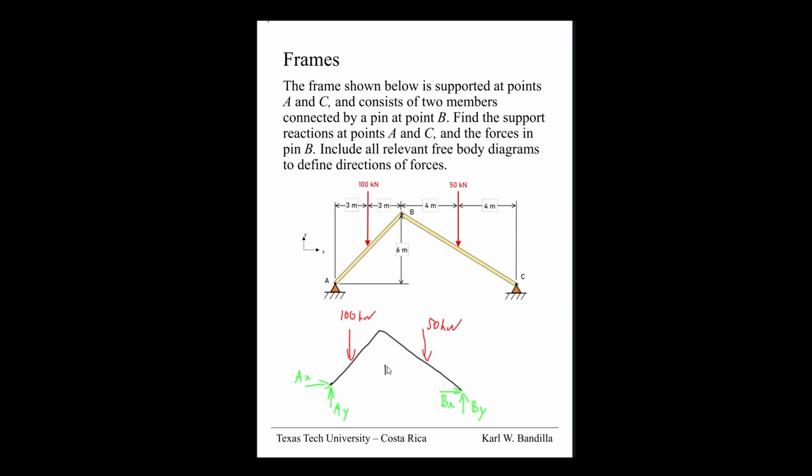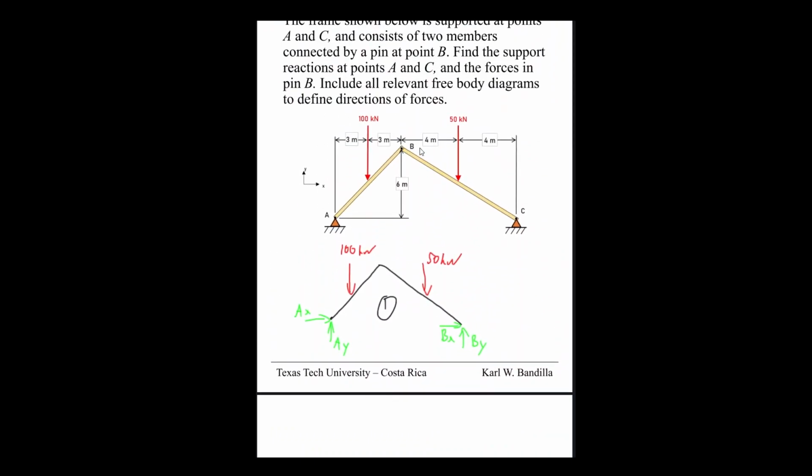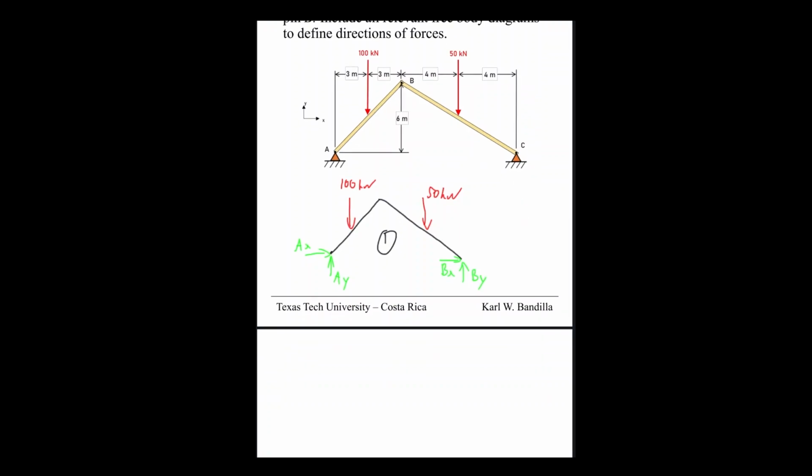So let's put a 1 in here, and then basically we can choose either of the two. Right? I think they're both going to be about the same, so let's take the one on the left for no particular reason. So we'd have that here. We have our 2 support reactions down at A, so AX and AY.